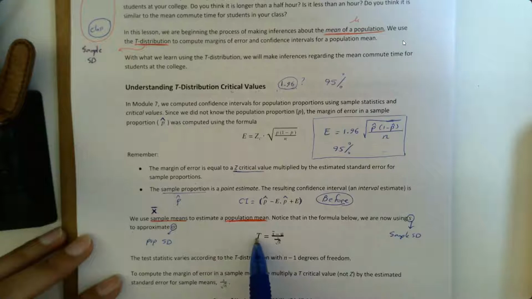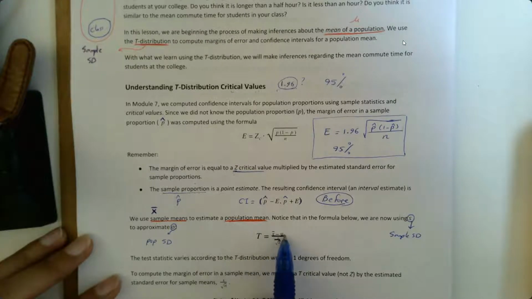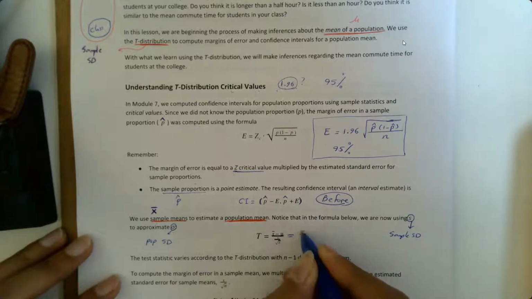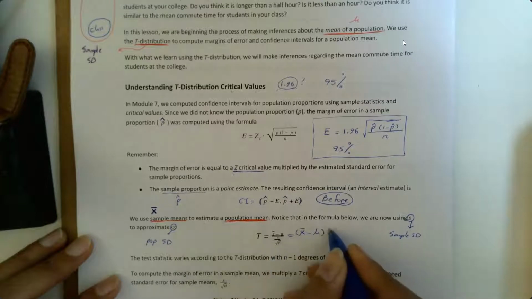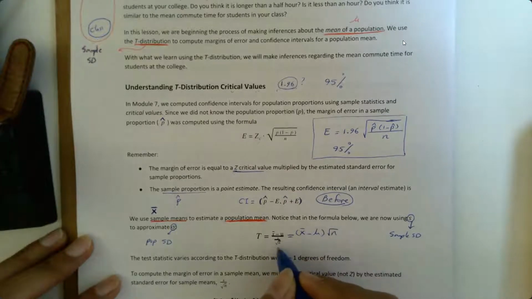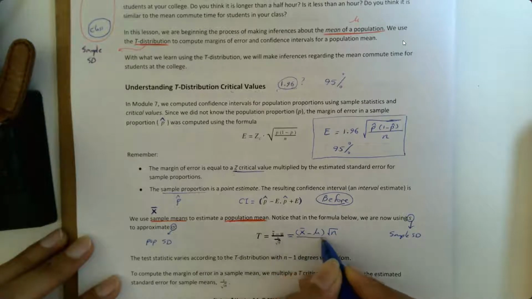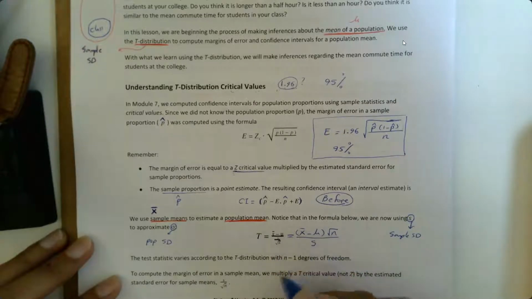Our variable t is equal to x bar minus mu divided by s over square root of n. Sometimes we just write it as x bar minus mu times square root of n, divided by s. I take the denominator and write it in the numerator. This is our t.